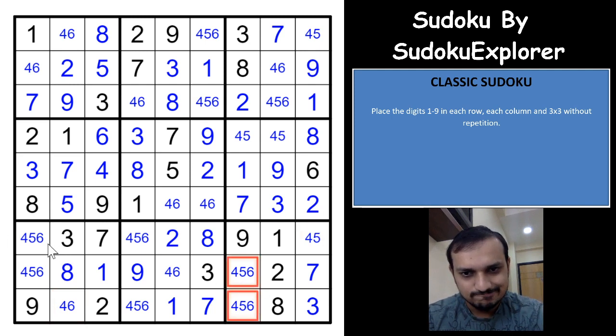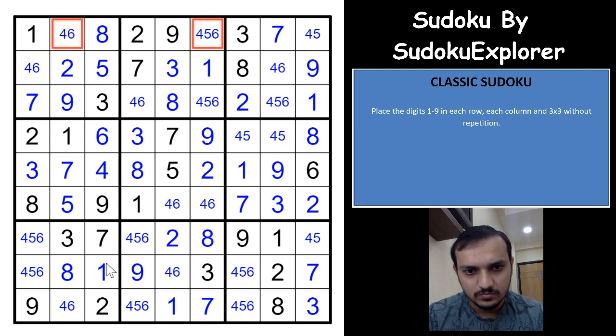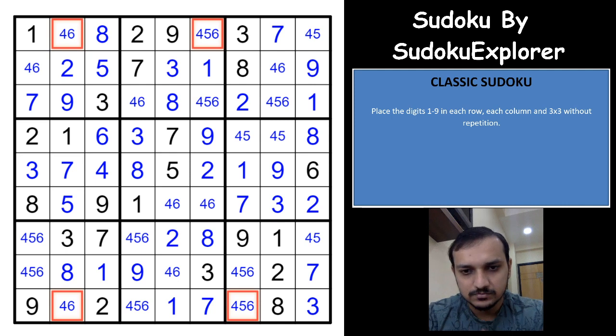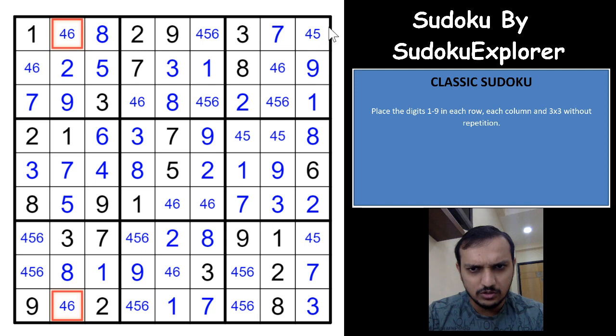No. Come on guys, what are you missing here? You have a skyscraper in column 2 and column 9.